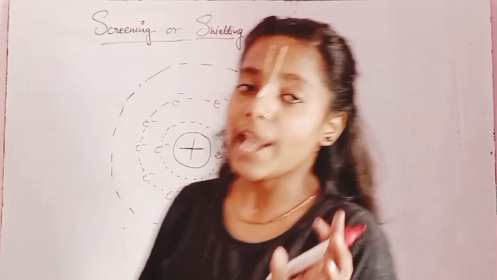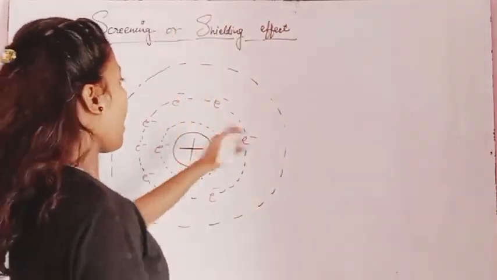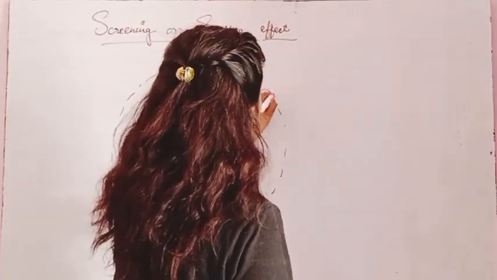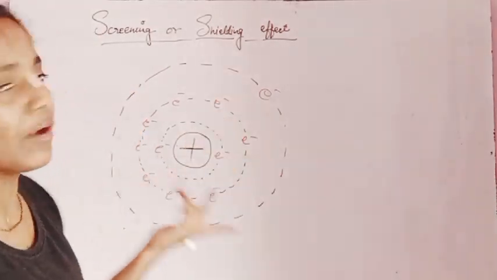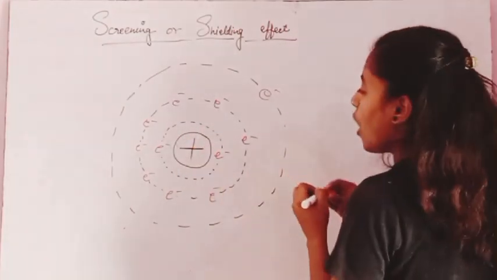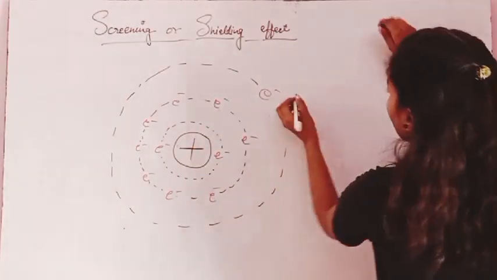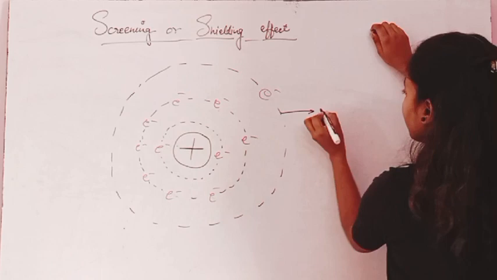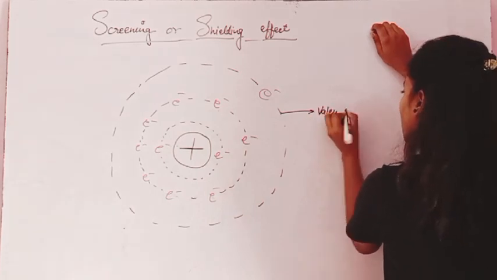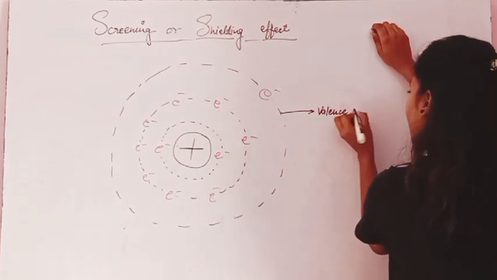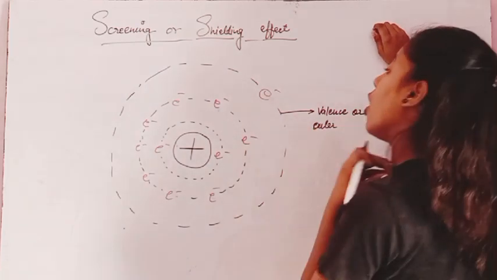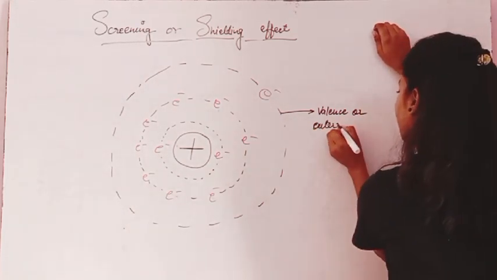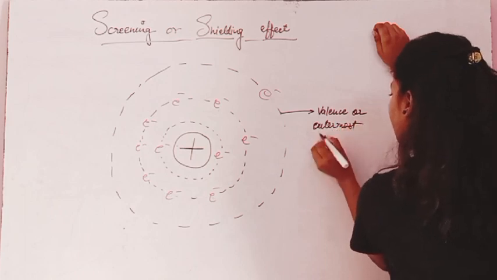Cleared it out? Now see, I'm again gonna have an outermost electron, right? Because there I don't want any kind of electron, so I'm just putting it in the outermost shell. Now you all know that this particular orbit is known here as valence or outermost orbit. That is your outermost orbit.